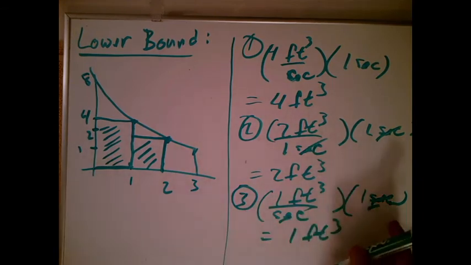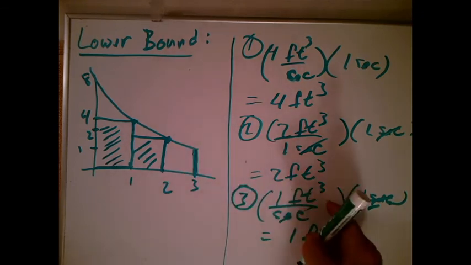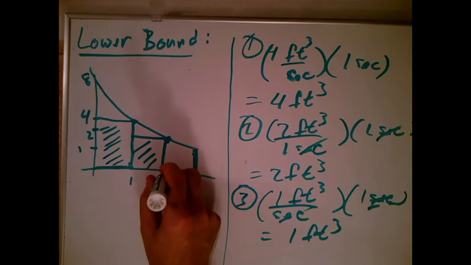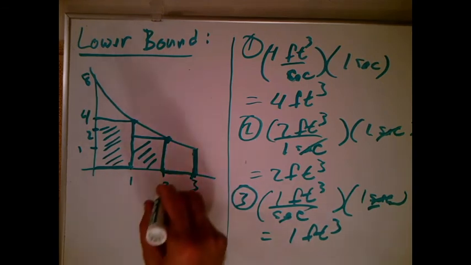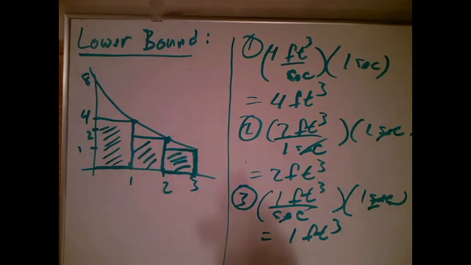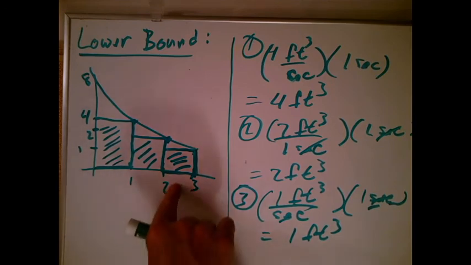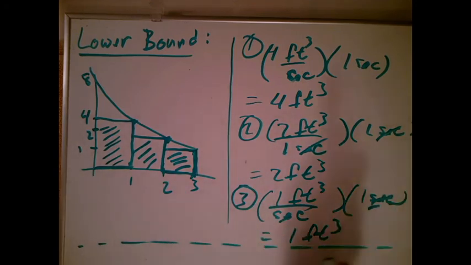Well, this is 1 times 1. Which 1 times 1? This height, 1, because that was in cubic feet per second, times this 1 second. Now, when you multiply two things together in a math class, it's always the area of a rectangle. And we find out that this 1 cubic foot is not only a lower bound for the amount of escaped air during that time period, it's also an area that's lower than the area under the rate graph at this time.